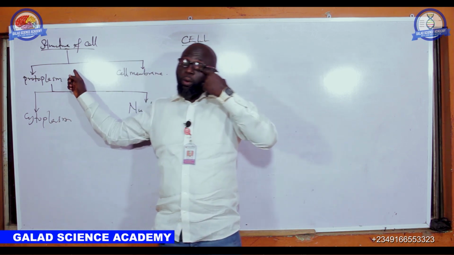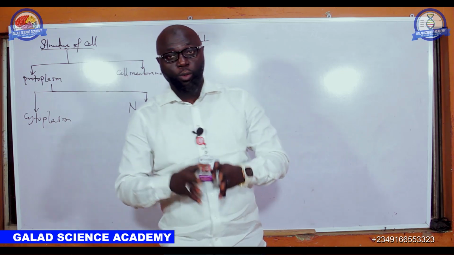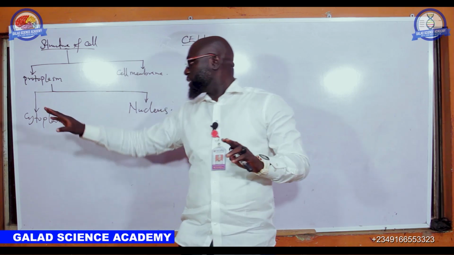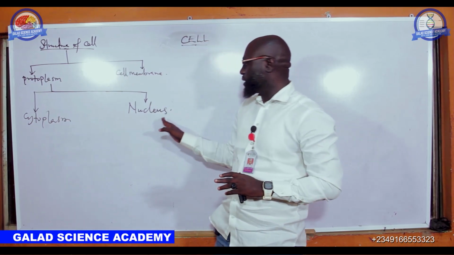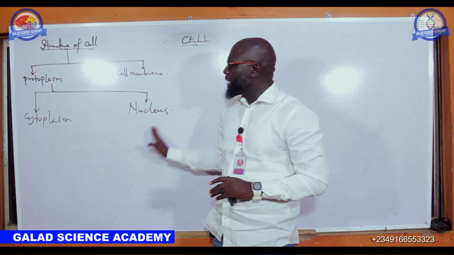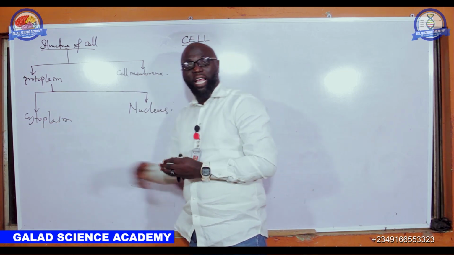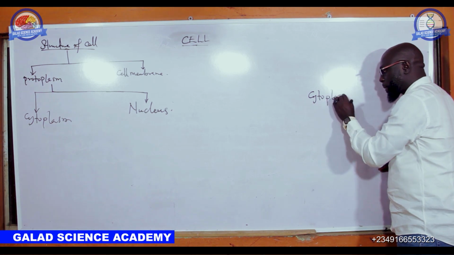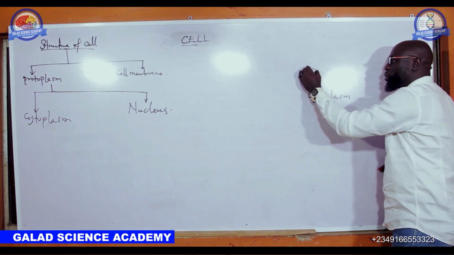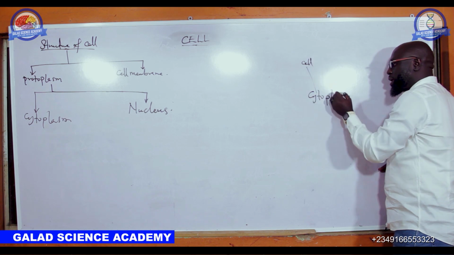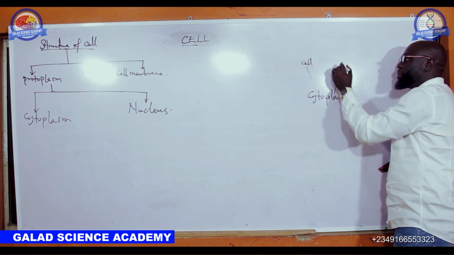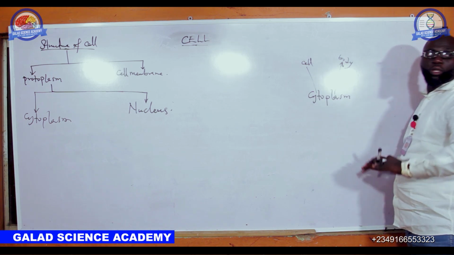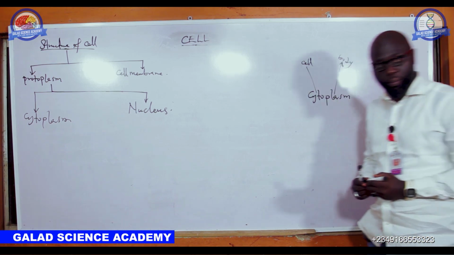The living component of the cell is called protoplasm, and the protoplasm is divided into cytoplasm and nucleus. The word cyto means cell. Plasm in Greek means body. Joined together, the word cytoplasm means cell body.